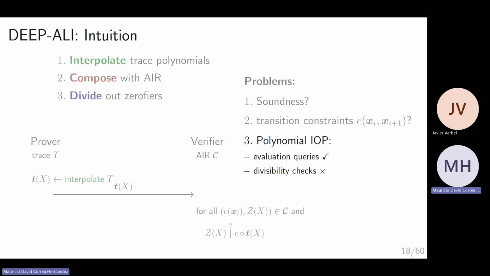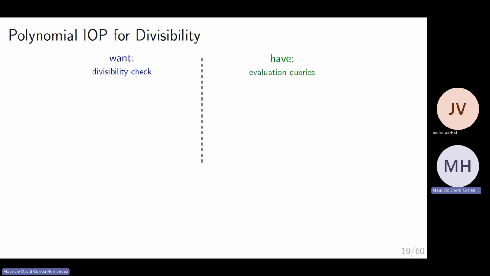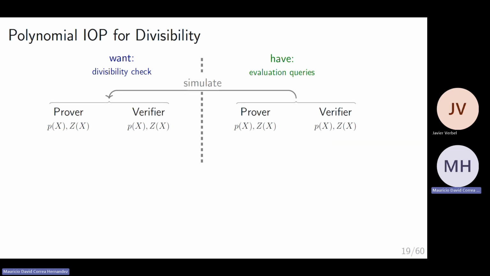So this is too high level and sweeping too many things under the rug. Let's start with turning it into a proper polynomial IOP first. So we want to build the equivalent of a divisibility check using polynomial evaluation queries.